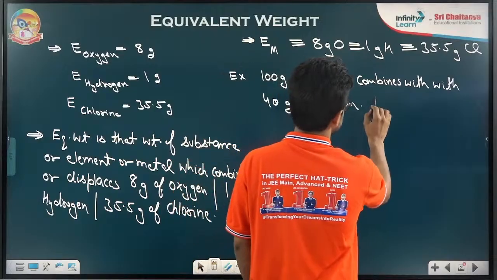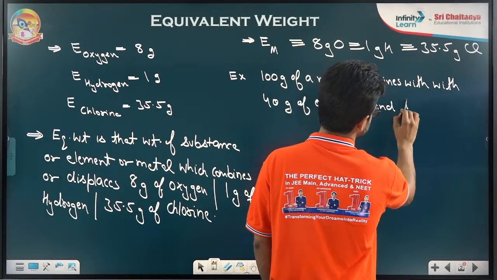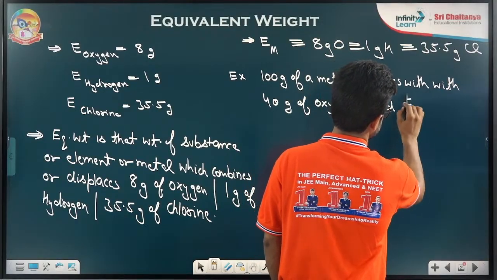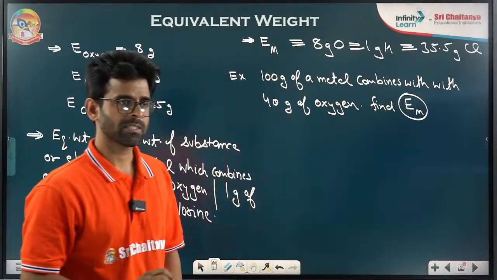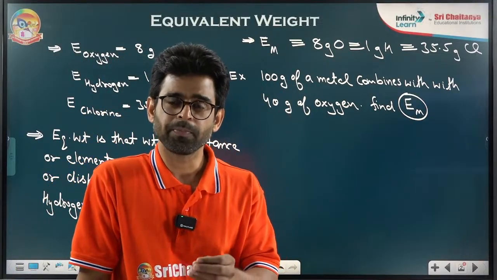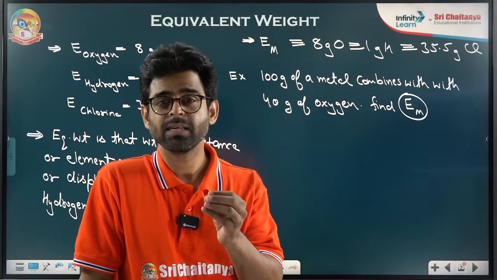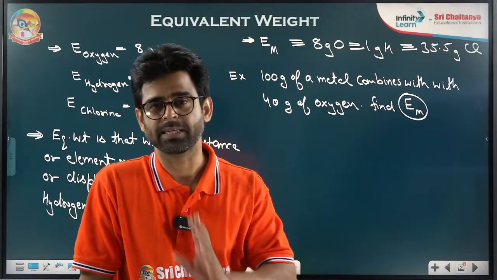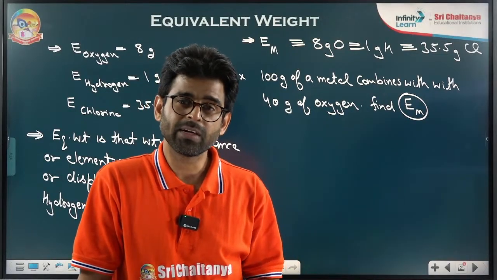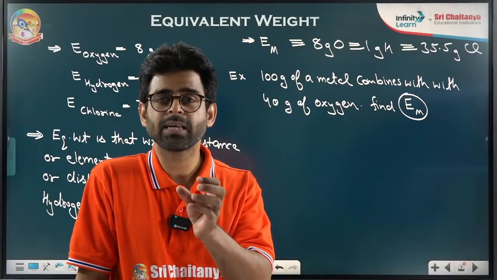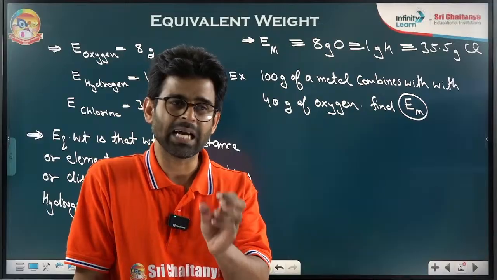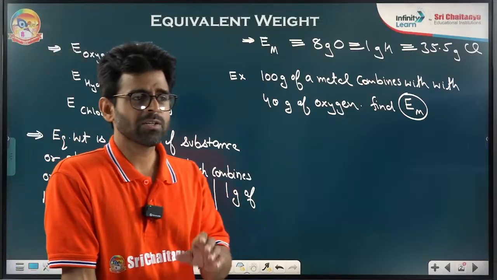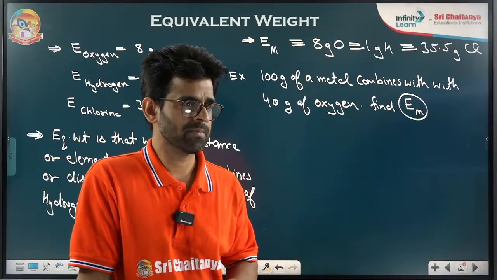The question is very simple. You can use the unitary method, or I will tell you one more after this example. 100 gram of metal is combining with 40 gram of oxygen. So what is the equivalent weight of the metal, they're asking. And you know that the equivalent weight of metal will be that weight which will combine with 8 gram of oxygen. So use the unitary method and get the answer.